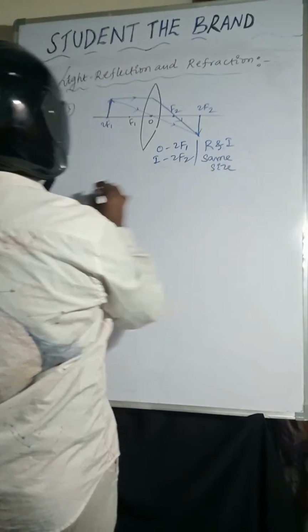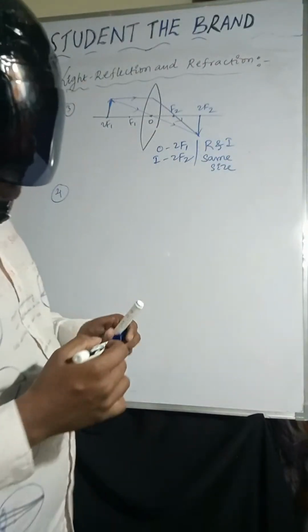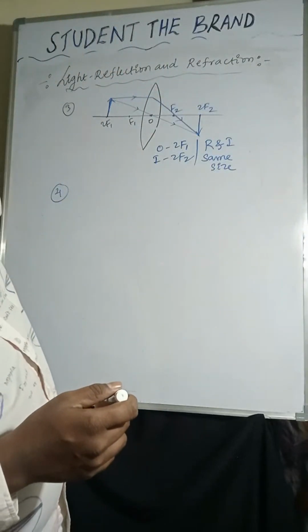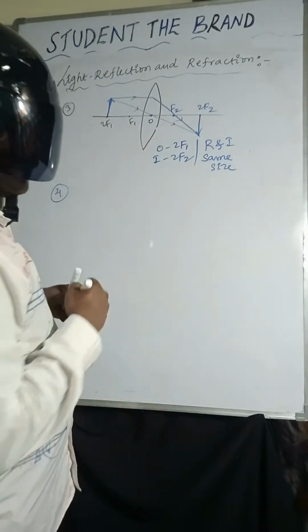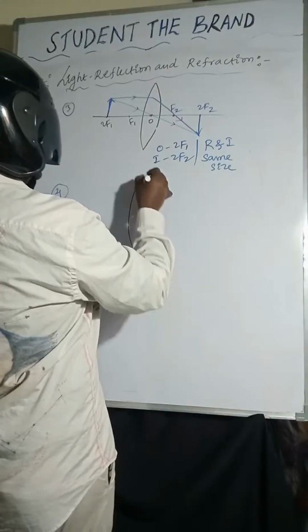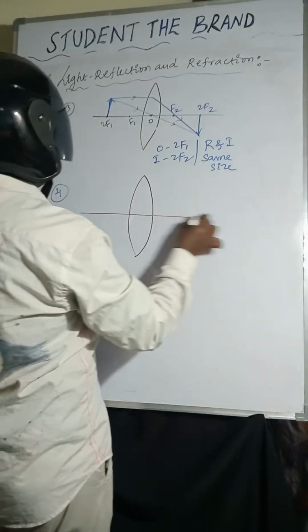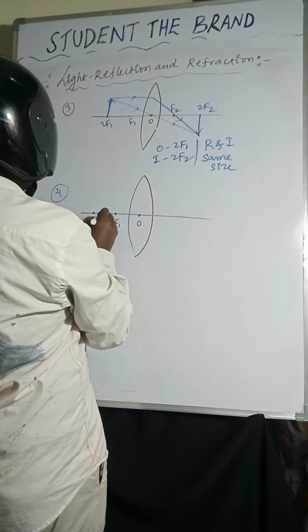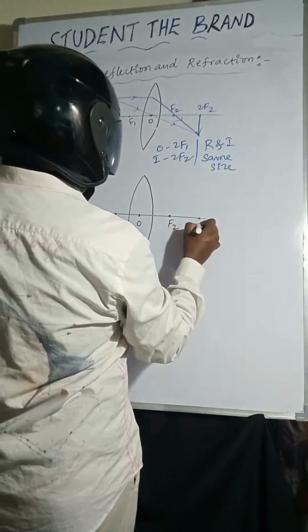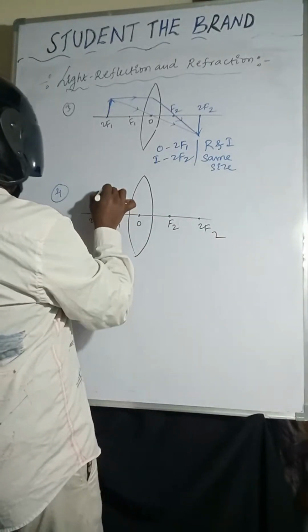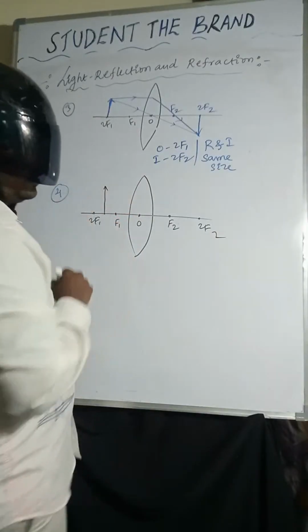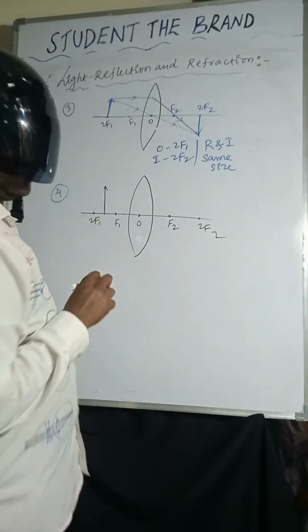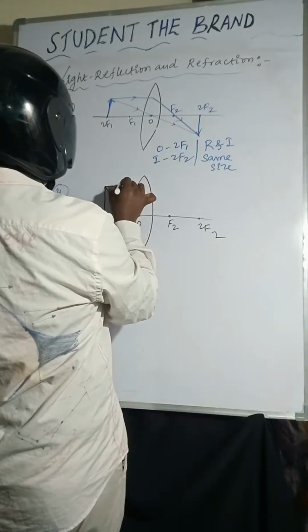Okay, coming to the fourth one. Optic center, F1, 2F1, F2, 2F2. Object is placed between 2F1 and F1. One light ray I am taking like this, it passes through focus.